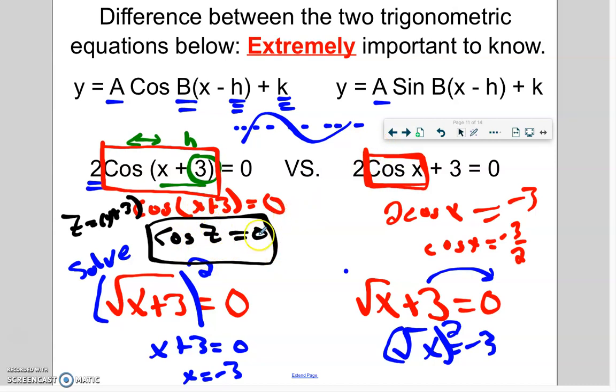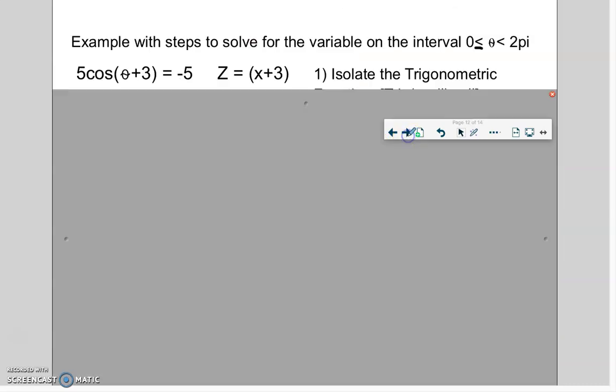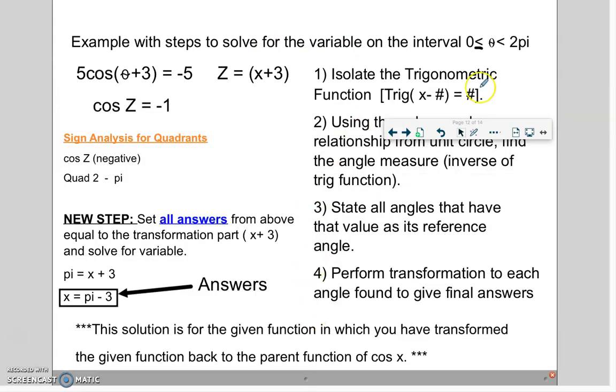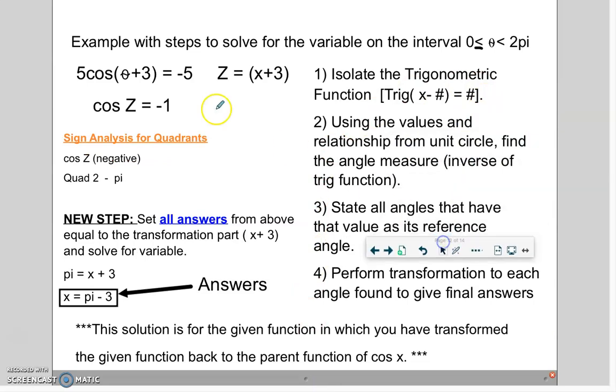So let's put all of this together right now. So looking at the function here, in this example, I'm just going to show you everything and walk through a little bit. We're going to find the values that are going to be done in radian form. So my answers will always be between 0 and 2 pi, expressed in terms of pi.